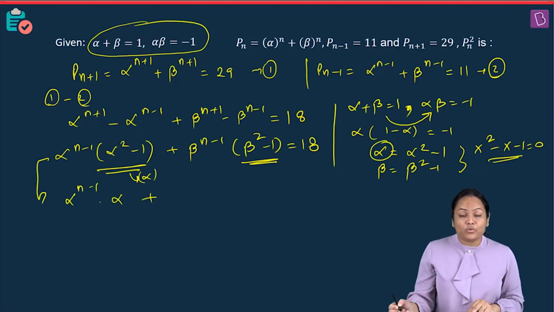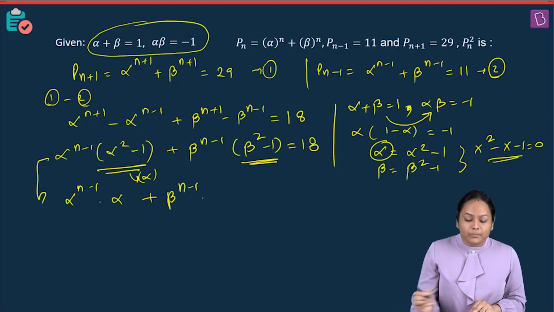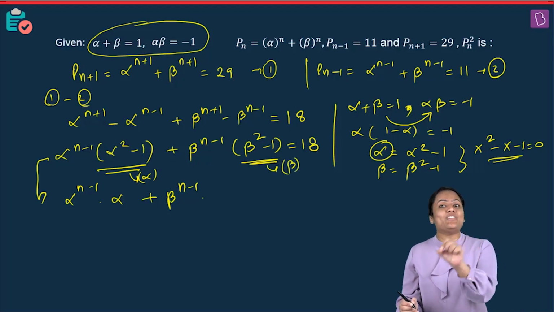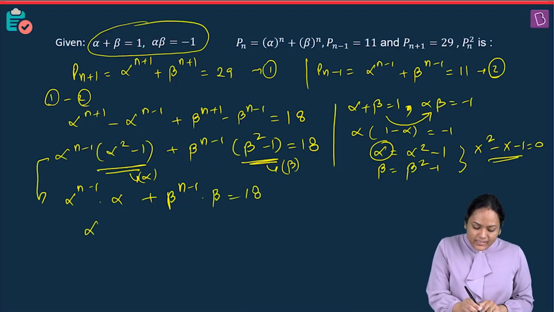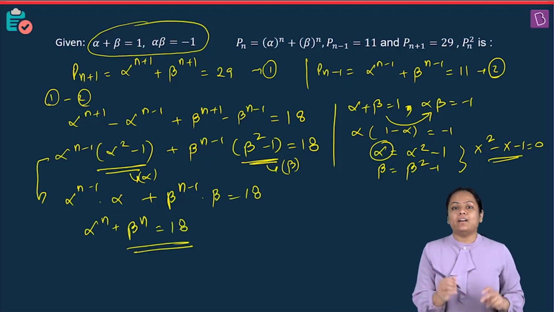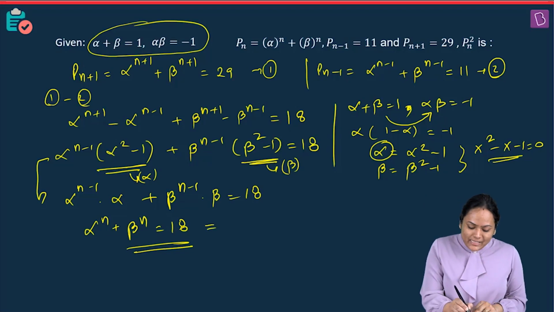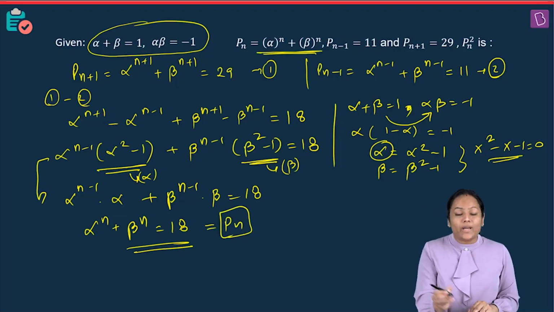Similarly, the next term will be beta raised to n minus 1 multiplied by, in place of beta square minus 1, I can again write beta. So it's going to become beta is equal to 18. Finally, it is alpha raised to n plus beta raised to n is equal to 18. And bingo, we have got what we wanted. This is equal to Pn, isn't it? This is what they have mentioned in the question.